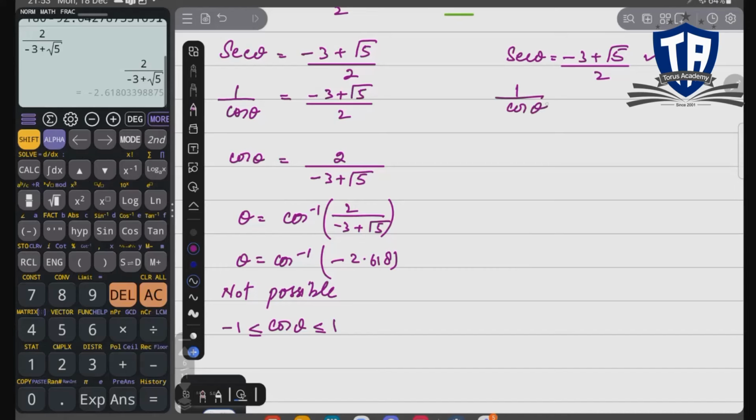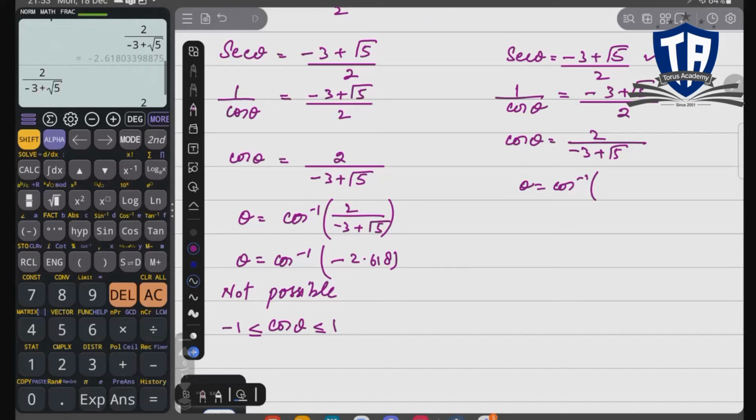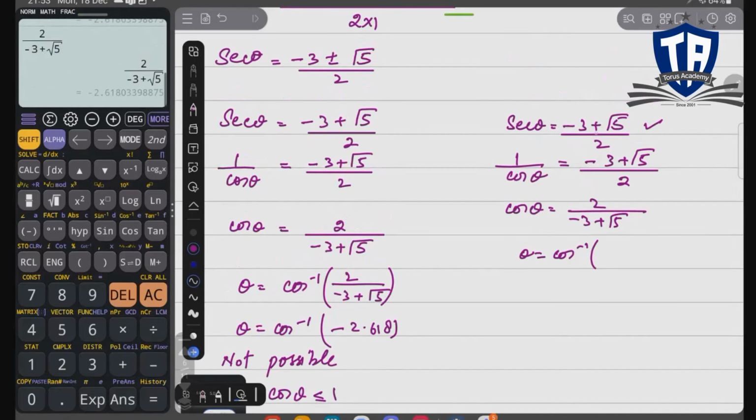Using the concept of reciprocal, secant would be written in the form of 1 over cos. Now we flip the fraction here. Now it's better if we convert the fraction into decimals. Let me correct it. We need to use a negative sign here. This is a negative sign.